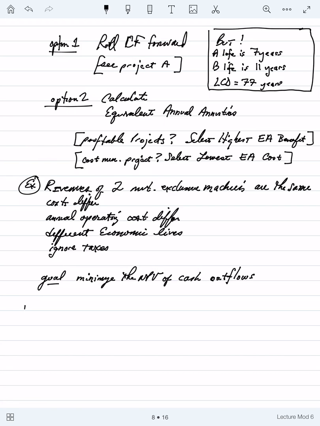Let's say it's project X that has a 3-year life. Let's say it costs $10,000 to install, and the annual operating costs are $6,000.